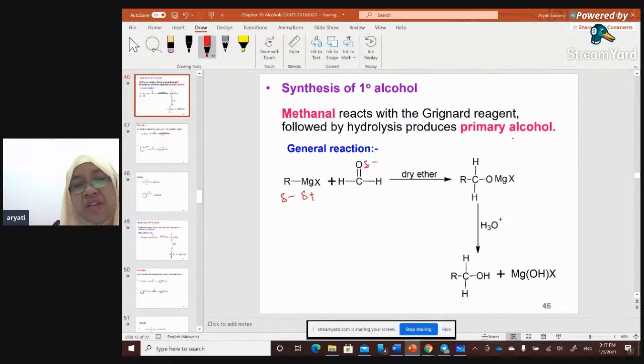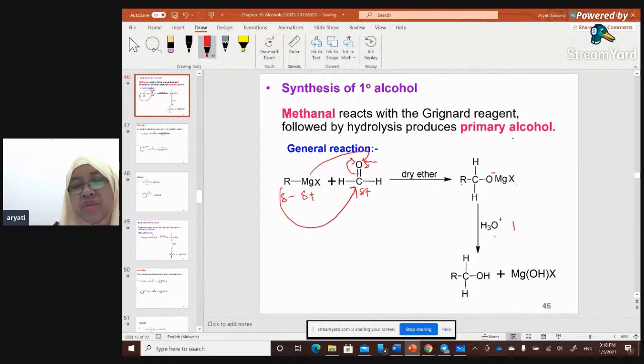Oxygen is partially negative, carbon is partially positive. So oxygen pulls electrons here, and R will donate a pair of electrons here, so it will produce RCH2, the double bond is gone, so it becomes O minus. H is still there. O minus attaches to Mg, giving O minus MgX.